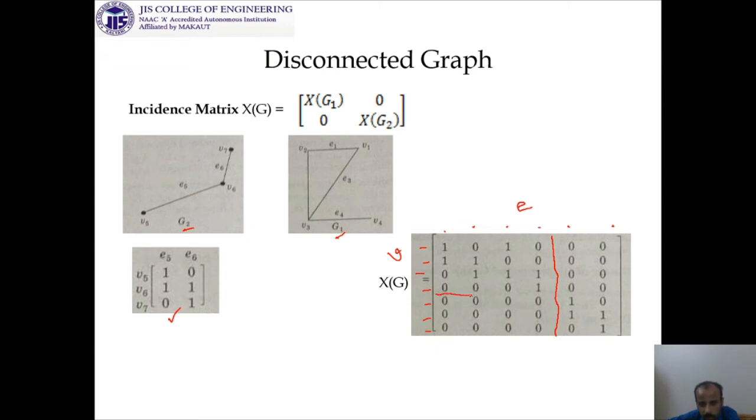So this is the representation of component number 1, G1, and this is for G2, and the remaining blocks are represented as 0, big 0, for which this block diagonal presentation is possible. So this is about the incidence matrix representation of a graph.